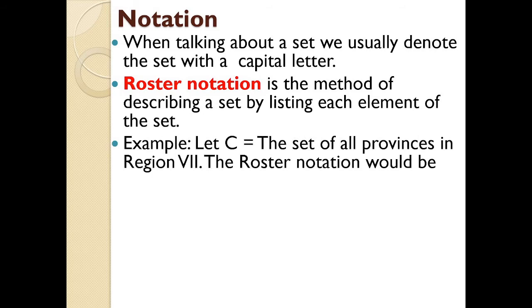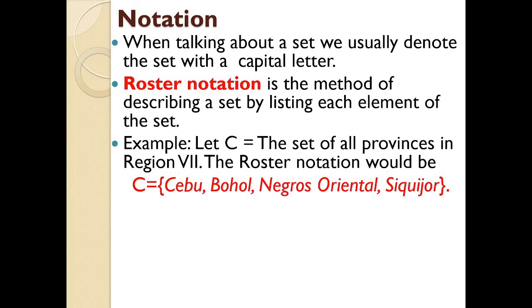So, balikan nato si set C. Set C is the set of all provinces in Region 7. So, the roster notation would be Cebu, Bohol, Negros Oriental, Siquijor. Mao na gitawag nato og roster notation or the listing method.